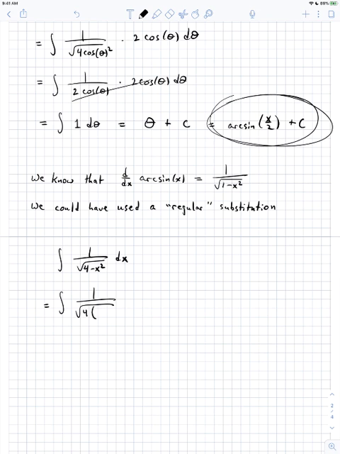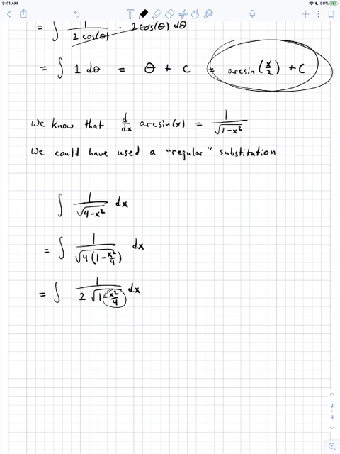And what you're left with is 1 minus x squared over 4 dx. So if you take out that 4, you're going to have 1 over the square root of 4, that's going to give you a 1/2, times the square root of 1 minus x squared over 4 dx.